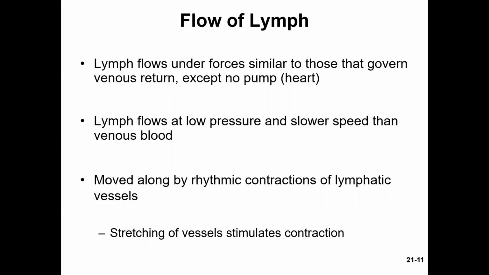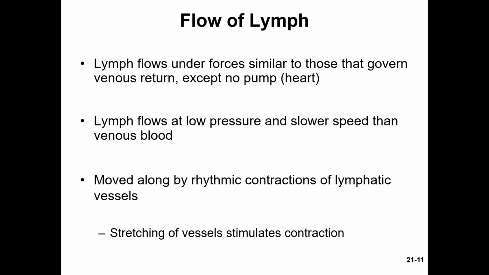So we're going to talk about the flow of lymph and how that works. Lymph flows under forces similar to those that govern venous return, except there's no pump. So please understand that. Your lymphatic flow is really dependent upon muscle activity because there's nothing to pump it. Lymph flows at low pressure and slower speed than venous blood.